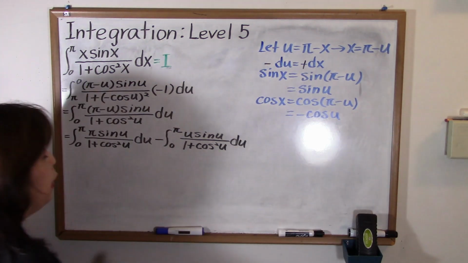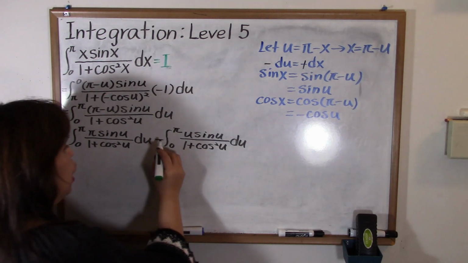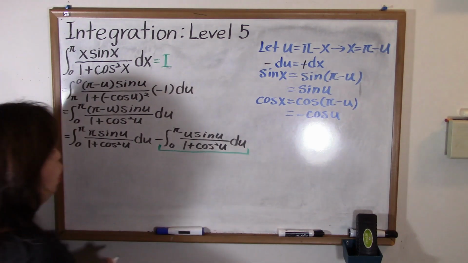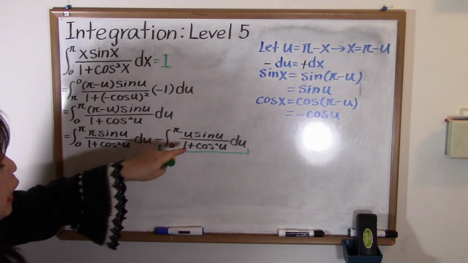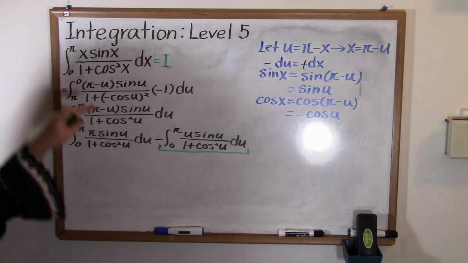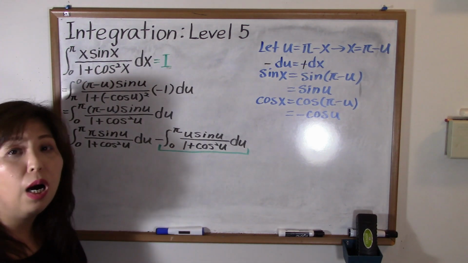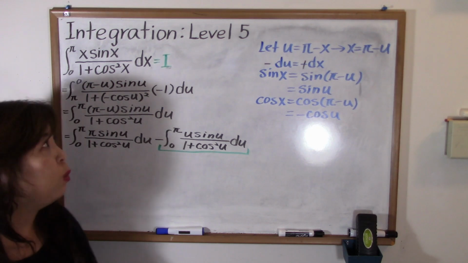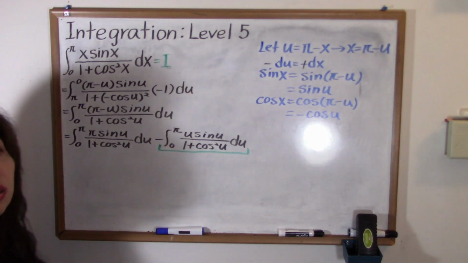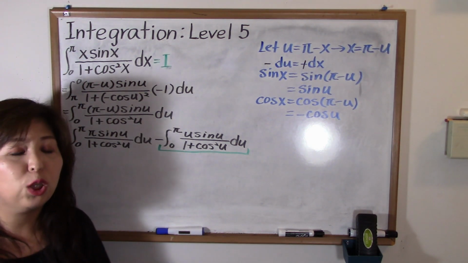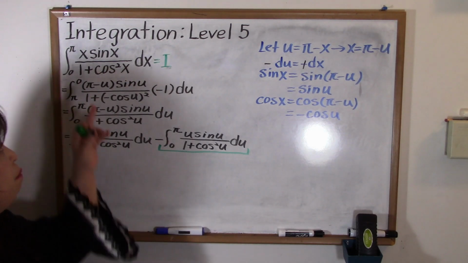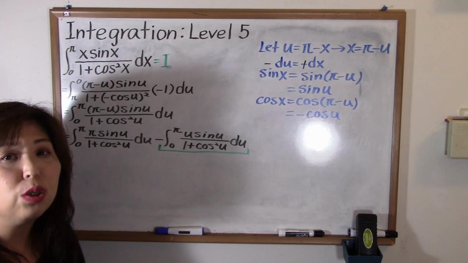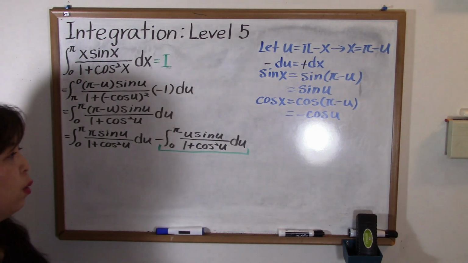So now we can take a look at this integration. So this integration and this integration are actually equivalent. They are just different variables, x and u. Same calculation. That is why the value of this integration and this integration are equivalent. Okay?